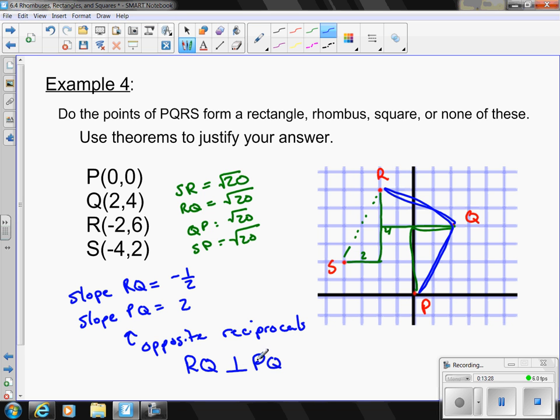So since they're perpendicular, that's a right angle, and we already know this is a parallelogram, so if this is a right angle, this is a right angle, this is going to be supplementary, so 90 plus 90. These are all 4 right angles. The sides are all the same length, so we have a square.